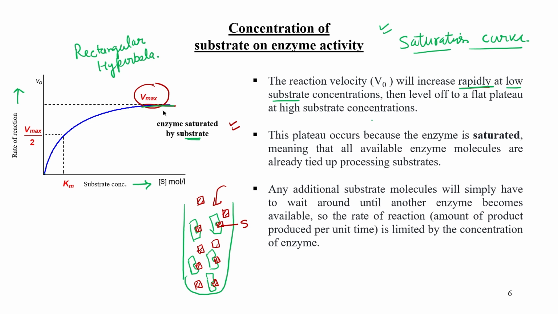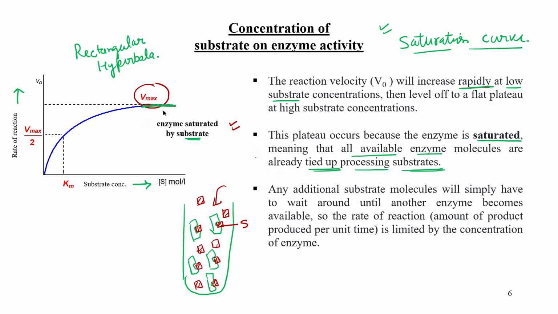Why? Because all the active sites of those enzymes are busy. This plateau occurs because the enzyme is saturated, meaning all the available enzyme molecules are already tied up in processing substrate. This is the reason we get this type of rectangular hyperbola.